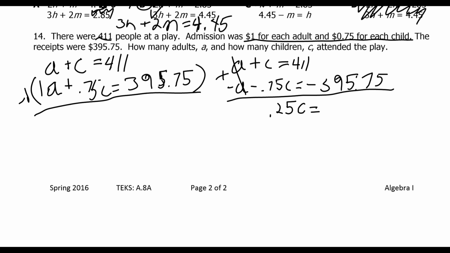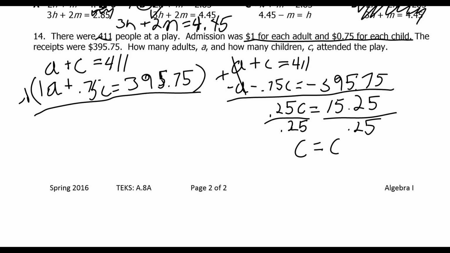Okay, we divide each side by 0.25. And whenever we go to do our division, we get C equals 61. Alright, so now A plus 61 equals 411.